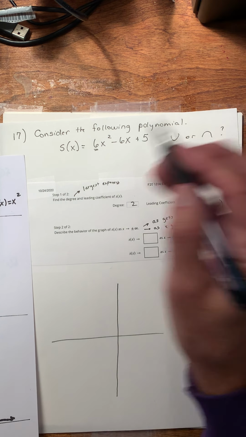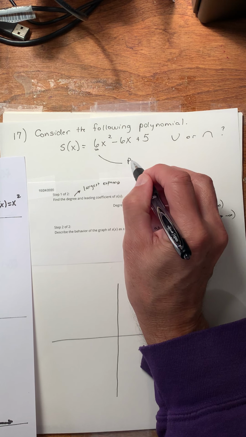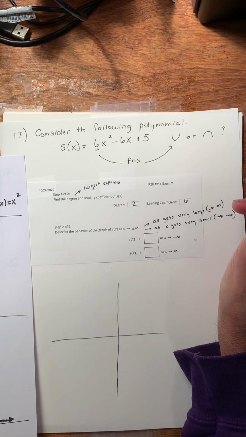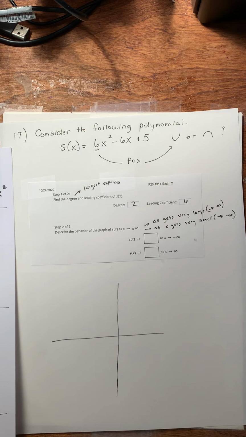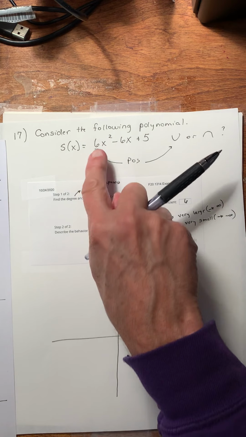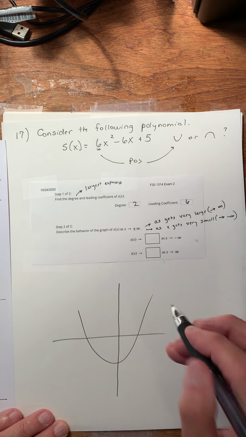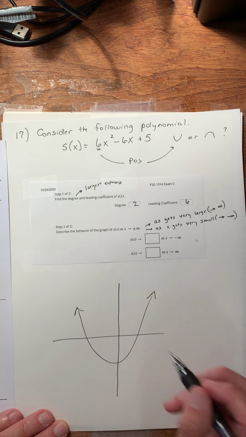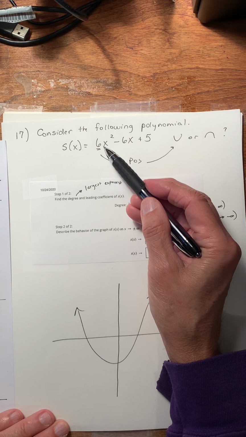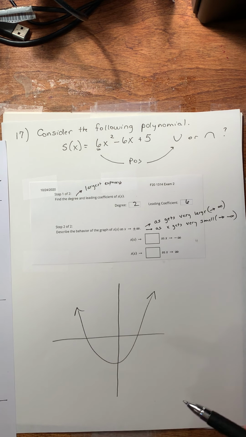How do we know? If this number in front of the x squared is positive, I have myself an upward turning parabola. Now, this picture that I'm going to draw is not intended to be representative of this, but simply to be representative of that. I got me an upward turning parabola. Why? Because my x squared term has a positive coefficient. That's all I need to know.